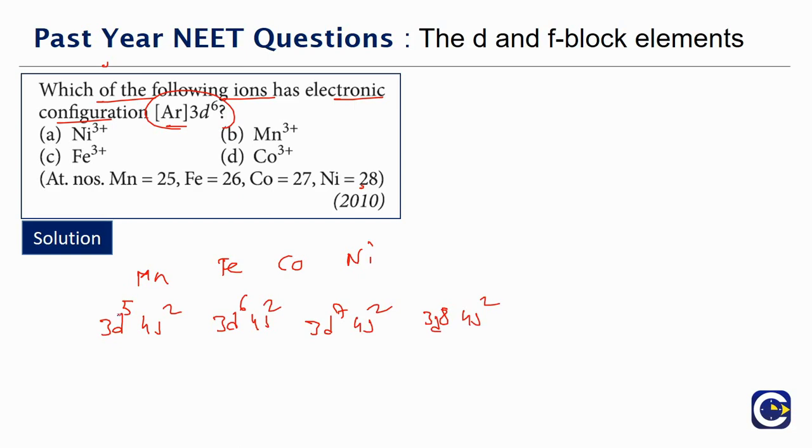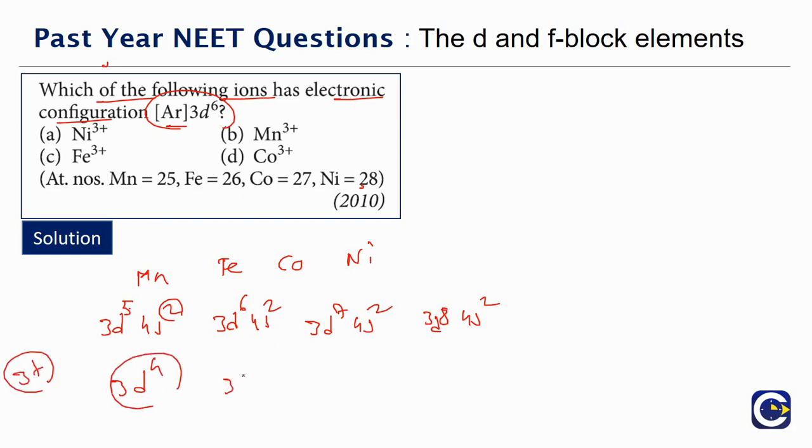Now we have to look at the 3 plus trivalent ions. We have to remove 3 electrons. If you remove 3 electrons, 2 will go from 4s and 1 electron from 3d, so manganese becomes 3d4. So this is the trivalent ion electronic arrangement.